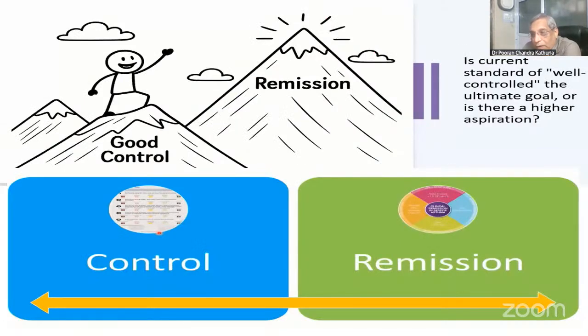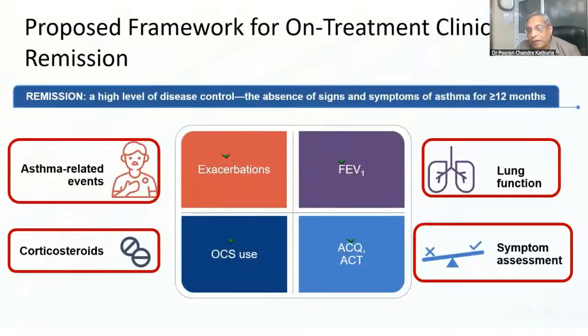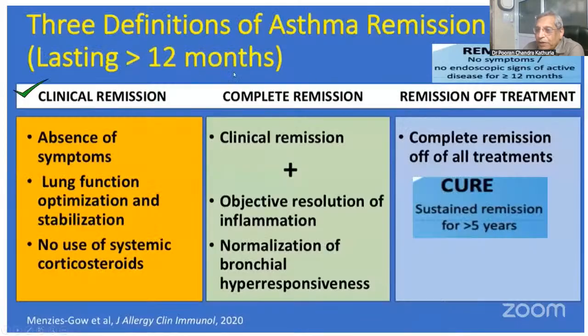Friends, we have come a long way from symptom control in 2025 to clinical remission, which is defined as sustained responsiveness to symptom control, improvement in FEV1 with no exacerbations, no need of OCS, and increased quality of life for a minimum period of 12 months.